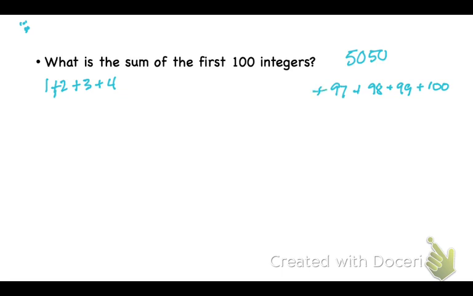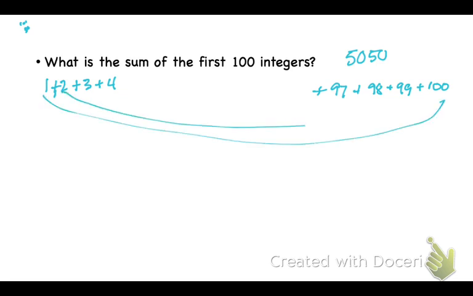And he's like, this is stupid, I'm done. And he looks at it and he goes, well, wait a second. What's 1 plus 100? 101. What's 2 plus 99? 101. What's 3 plus 98? 101. What's 4 plus 97? 101. How many pairs of 101 do you have between 1 and 100? 50.